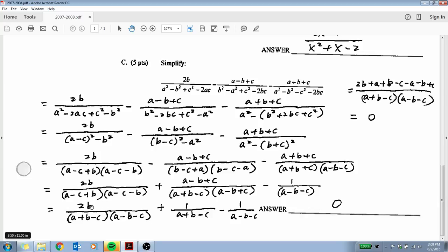So the 2b would stay the same here, and then I'm not going to take the time to do every little step, but when we do that for the second and third fraction, what we get is this right up here. So if we add like terms together, what we actually end up getting is 0 over a plus b minus c times a minus b minus c, which, anything with a 0 on the top would be 0. So all of this would actually just equal 0.